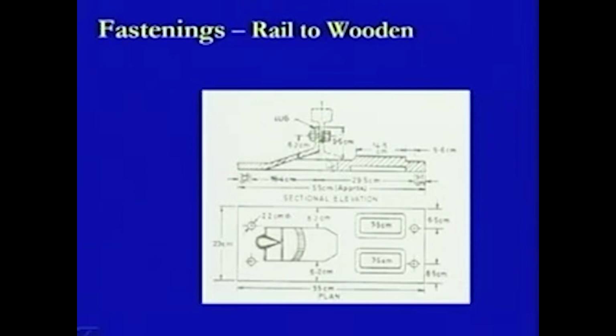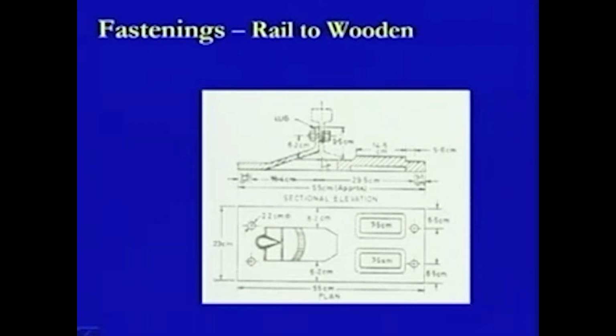This is a condition for points and crossings where this rail section has a tendency to move. So, this rail section can move to this side or to this side. This is the distance which is shown here. By this distance this rail section can move this way or this way.